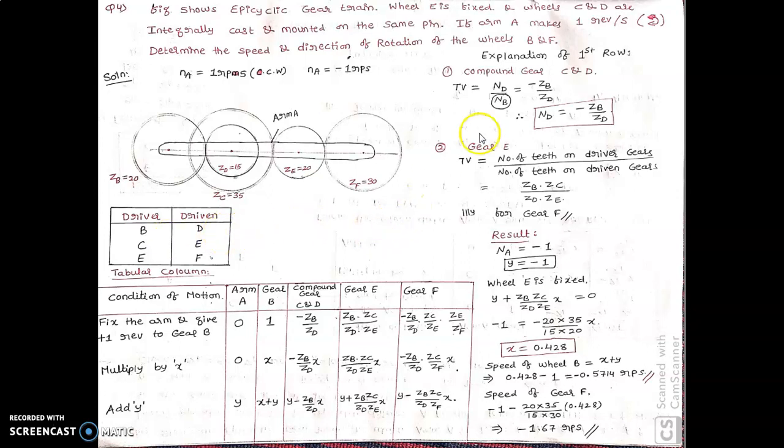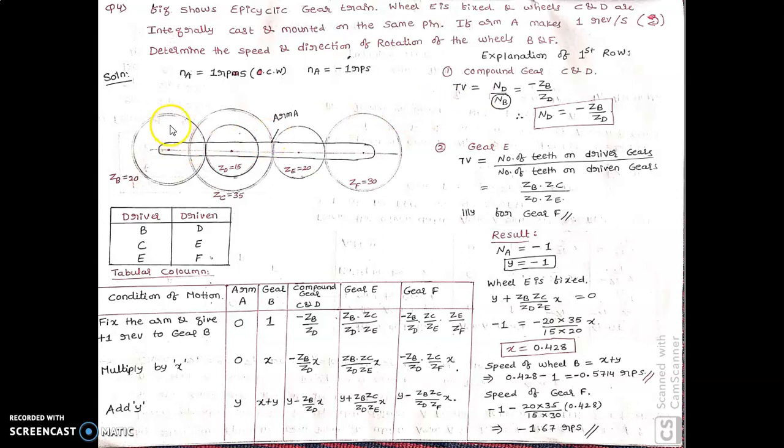Now compound gear C and D. Train value is the ratio of the speed of the follower to the speed of the driver, which is the ratio of number of teeth on the driver to the number of teeth on the driven gear. The minus sign indicates these two gears will rotate in opposite directions, because they are directly in contact with each other.